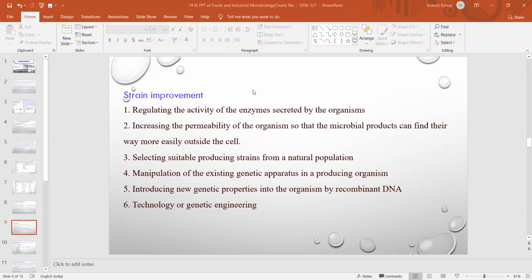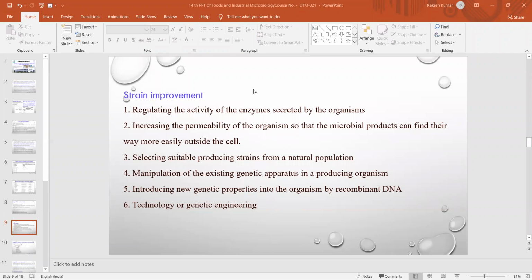Sometimes whatever existing microbes are there, we have to improve them by utilizing certain biochemical and biotechnological tools. So strain improvement is also very important, as is regulating the activity of the enzymes secreted by the organism. Just by adding some compound, or by restricting or adding some kind of growth factor, you can do this inside the vessel or inside the bioprocessing chamber.